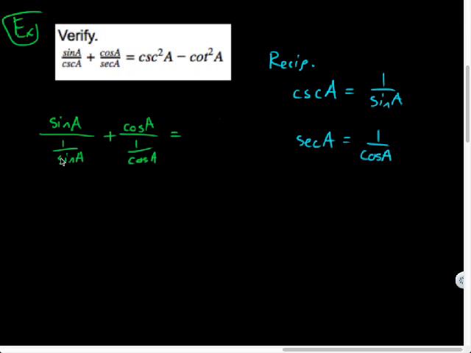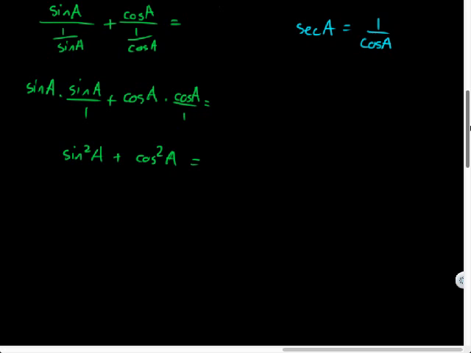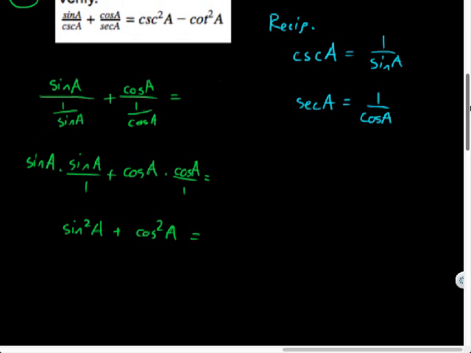So dividing by a fraction is the same as multiplying by its reciprocal. So that's sine A times sine A over 1 plus cos A times cos A over 1. What's sine A times sine A?